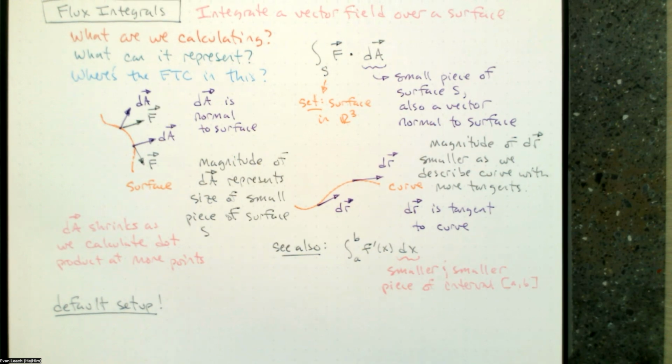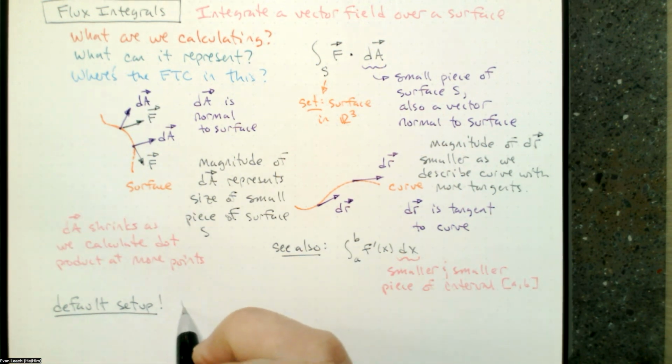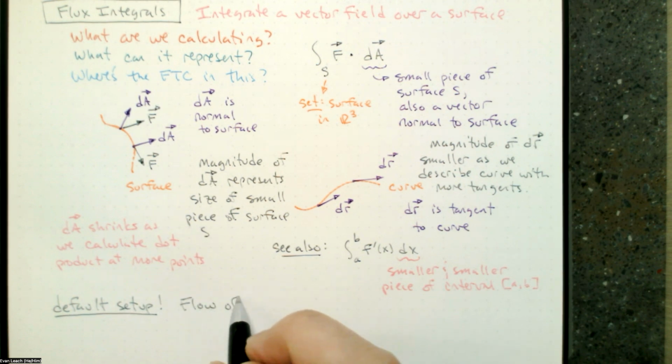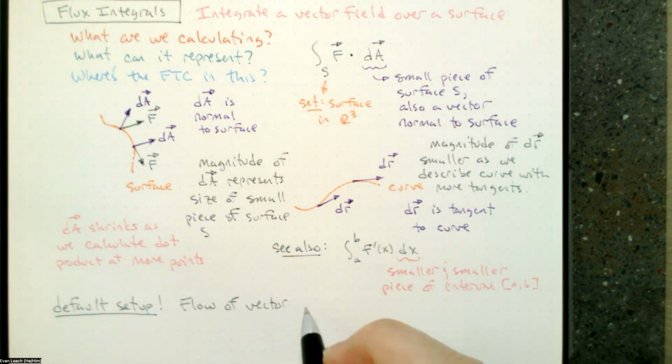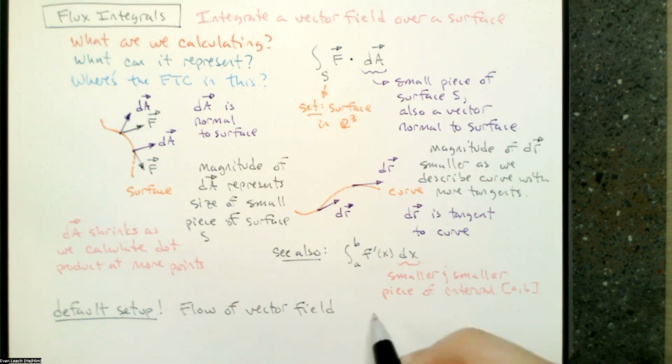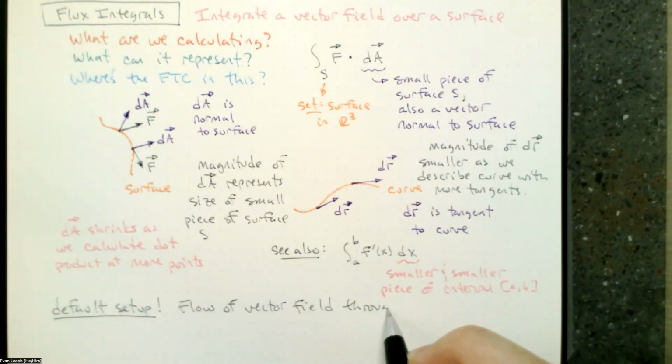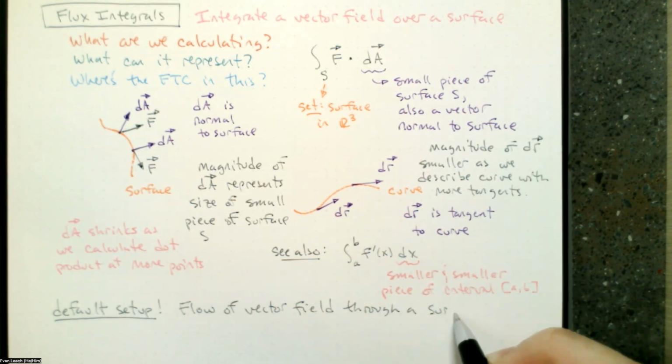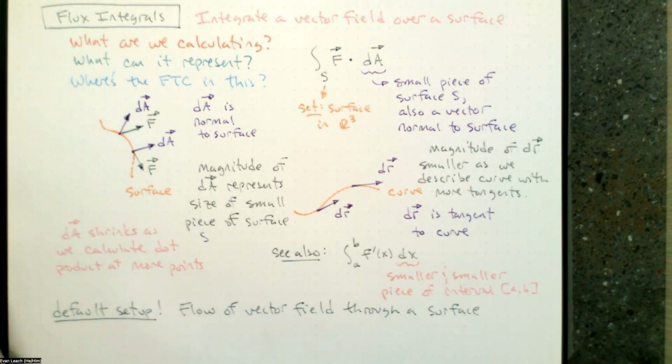We're going to imagine calculating the flow of the vector field through a surface. So in this case, we're imagining the vector field as a velocity field, and then the surface as just an area where we're measuring the velocity as it flows through.